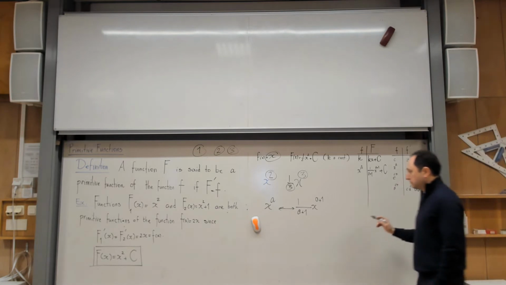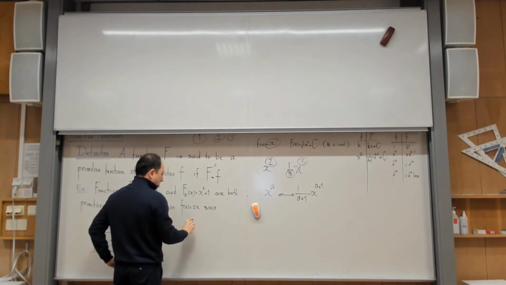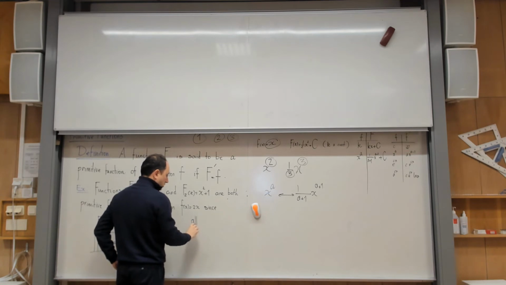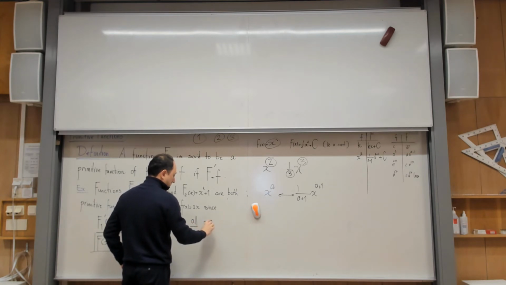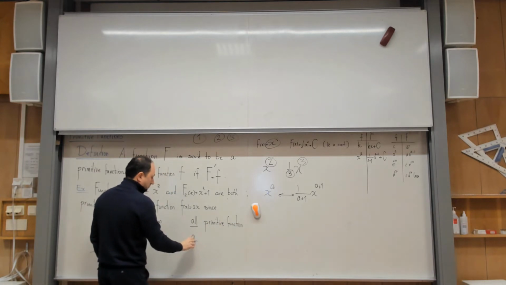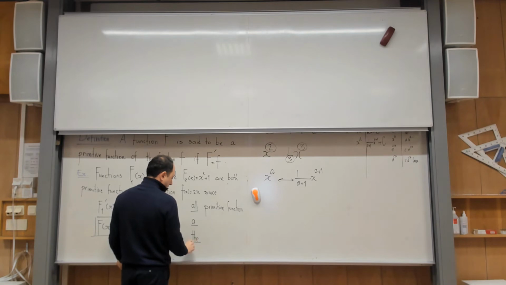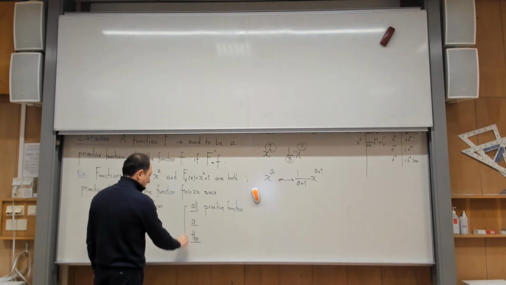Okay, so there are some points that I wanted to make sure of. Sometimes the book asks you about all primitive functions, and sometimes they ask about a primitive function, and sometimes they ask about the primitive function. So I want you to differentiate between these.